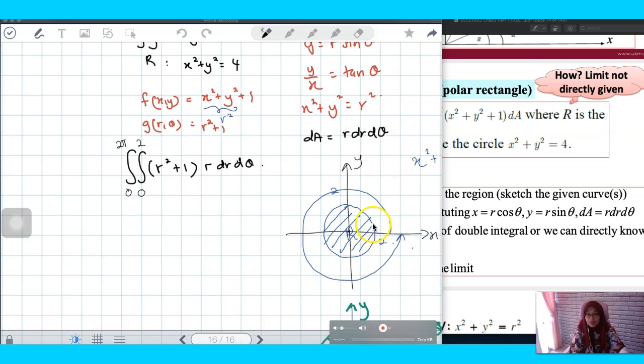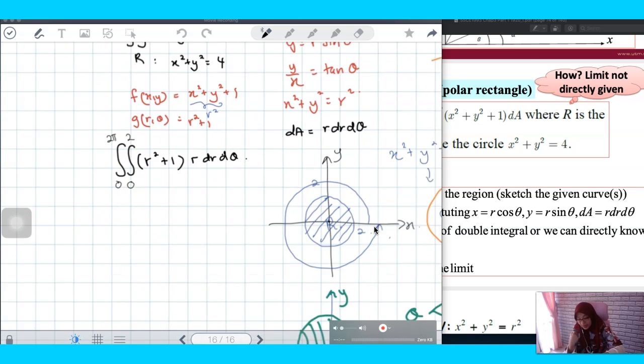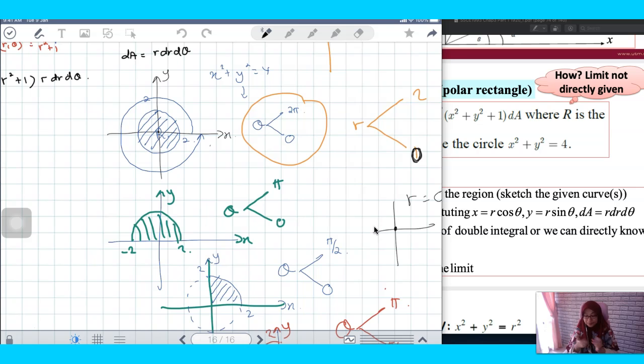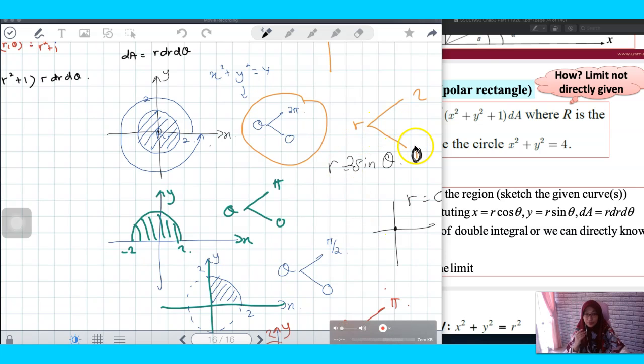But let's say I give you a polar equation, for example r equal to 2 sine theta. It is also a polar equation, because it is in terms of theta, but this is not a circle centered at the origin, if you remember the graph of this equation.